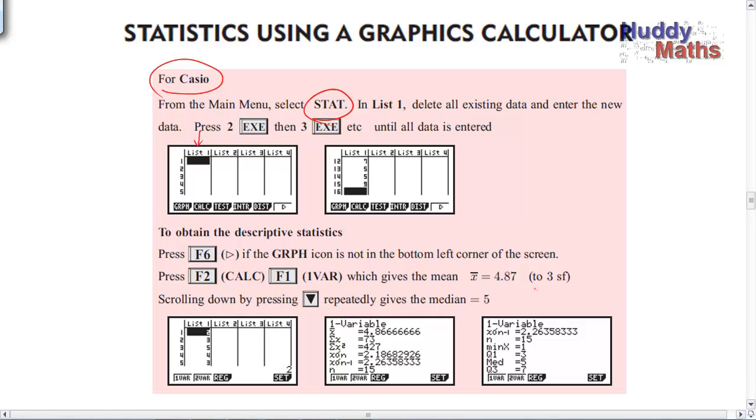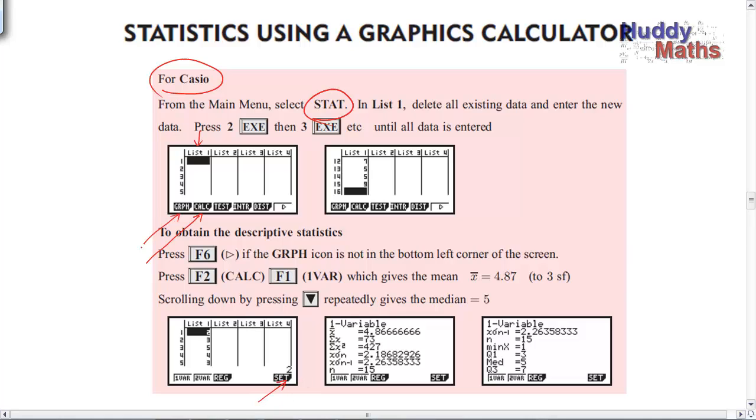If you want to do a calculation, we did this before, you can hit F1 to come up with graph mode, or we might want to do a calculation, so you would hit F2. You also have to set it up, so when you've entered the data and you do that calculation, you have to hit set.